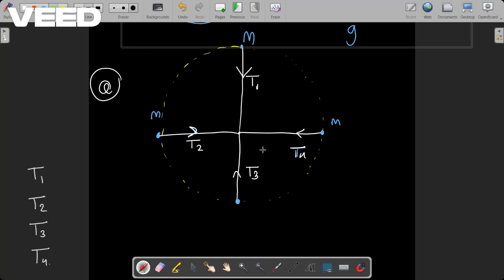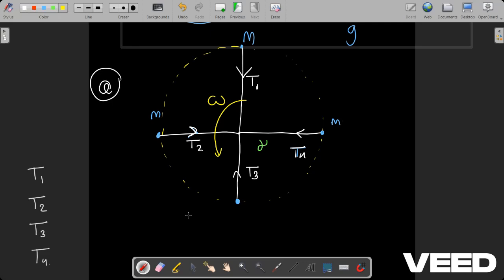Radius of this rope is R, and it is being rotated at constant angular velocity omega. Now using this information, R, omega, M and G, where it is appropriate, I want you to give me formulas by applying Newton's second law. Give me formulas for T1, T2, T3 and T4.